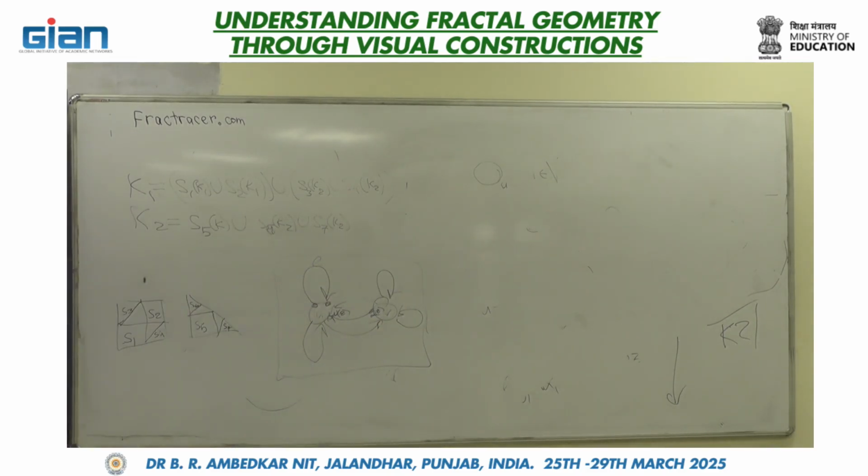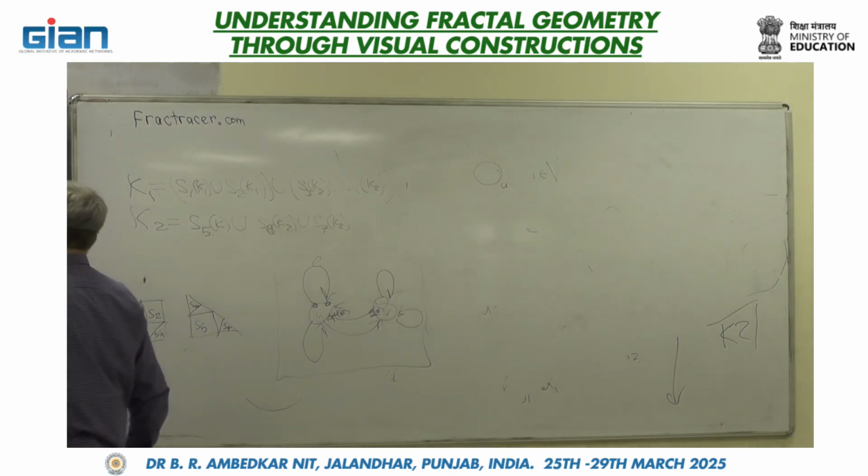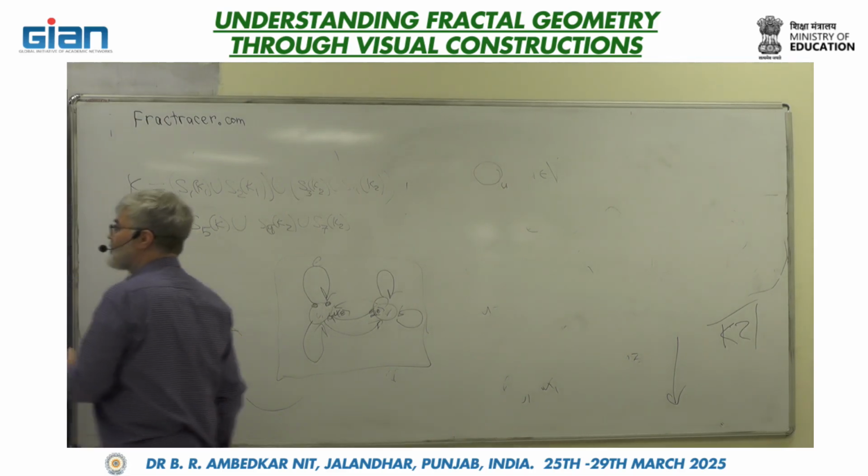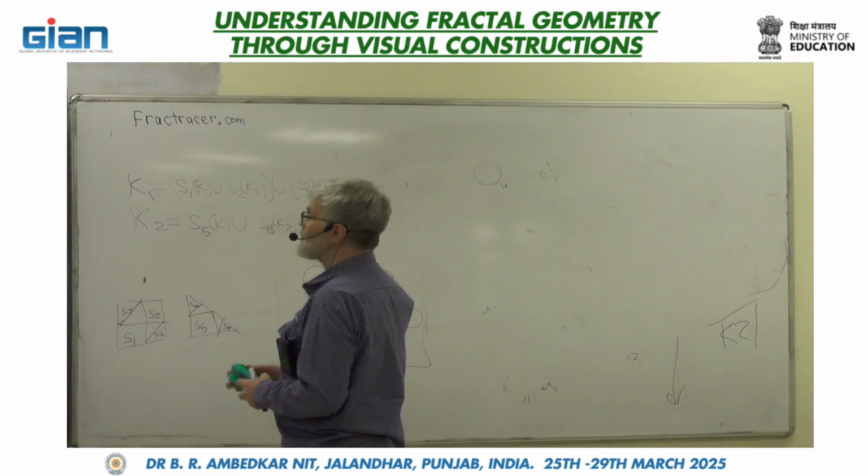But I need to turn to my presentation because I was explaining this thing. So a multizipper is a graph-directed system of similarities such that images of pairs of points corresponding to different components of this multizipper will be arranged in paths this way, and this will be a multizipper.